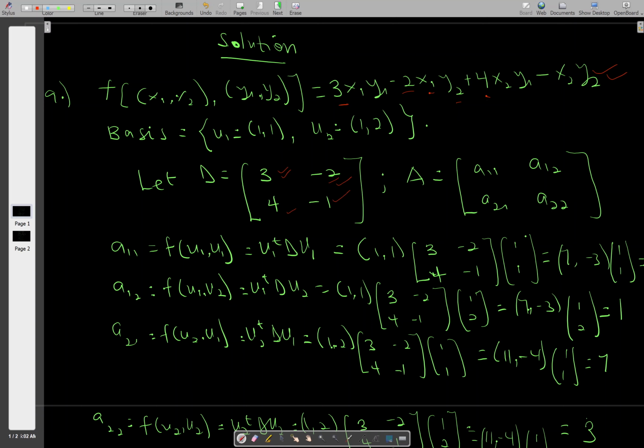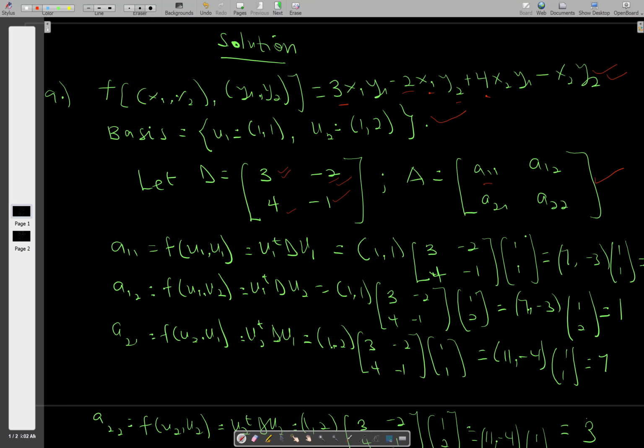Okay, so we are to use basis u1 and u2 to generate our matrix A. Since this is a 2 by 2 matrix, then our A is also going to be a 2 by 2 matrix. So we solve for each of the elements in A: A11, A12, A21, and A22.